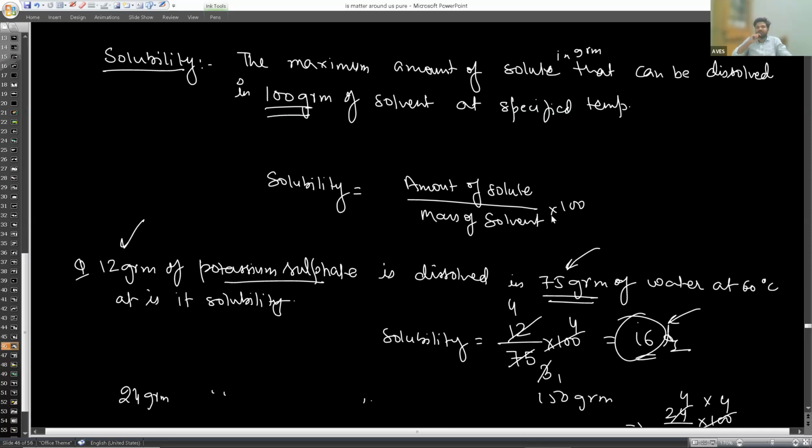Note this question: 12 gram of potassium sulfate is dissolved in 75 gram of water at 60 degrees Celsius. What is its solubility? This is very simple. Solubility is equal to 12 upon 75, the mass of water, times 100.